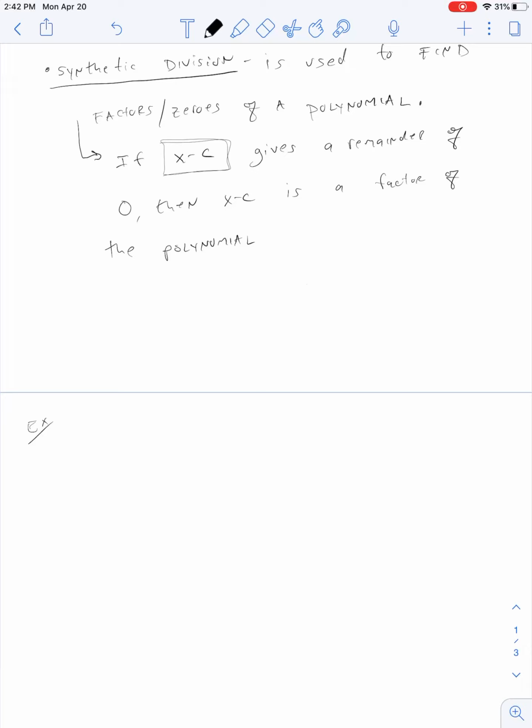Right? So let's say, is x plus 3 a factor of f of x equals x to the fourth minus 3x to the third plus x squared plus 2x plus 15?